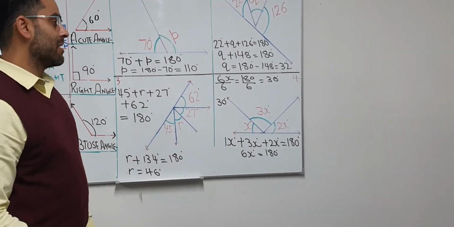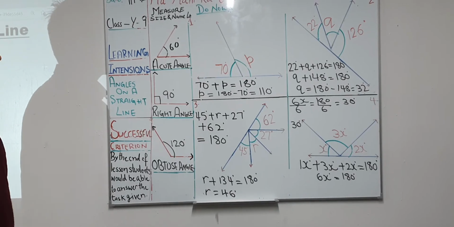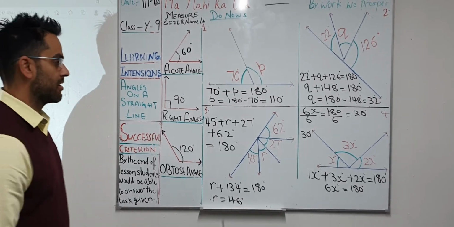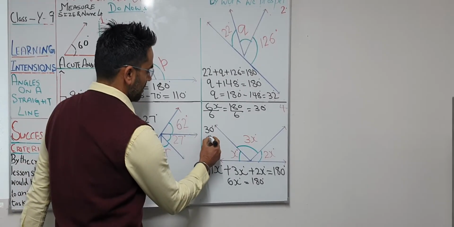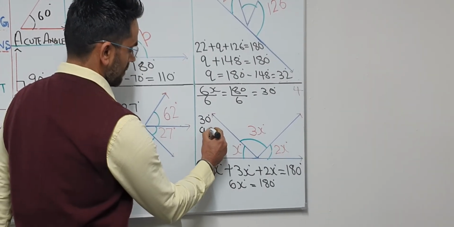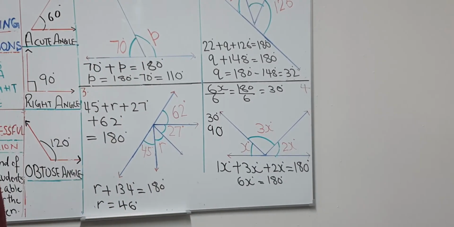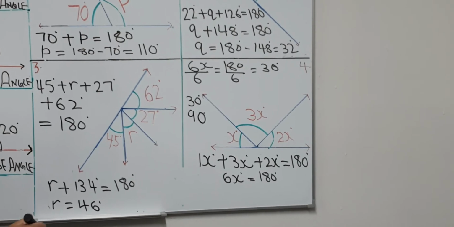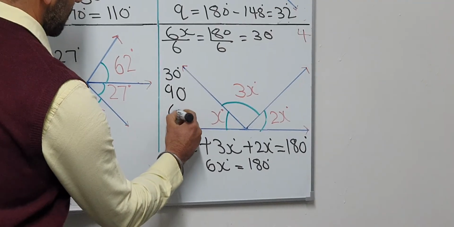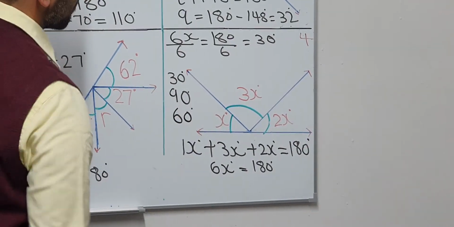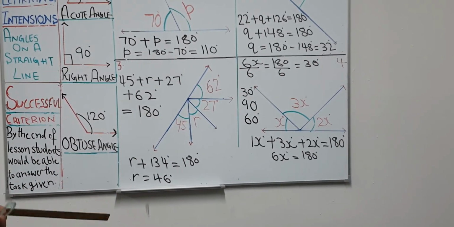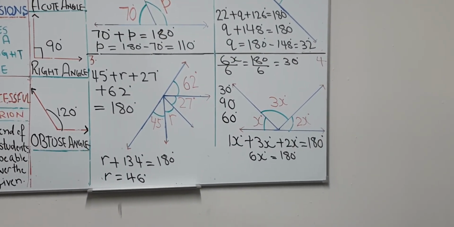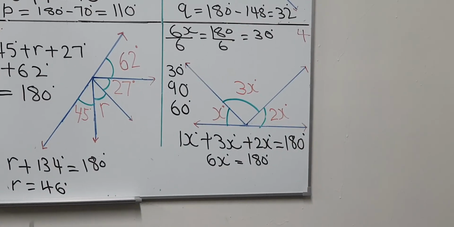Second angle is 3 times 30, that is 90, right? And 2 times 30 is 60. So the measures of the three angles you see are 30, 90 and 60 in order.